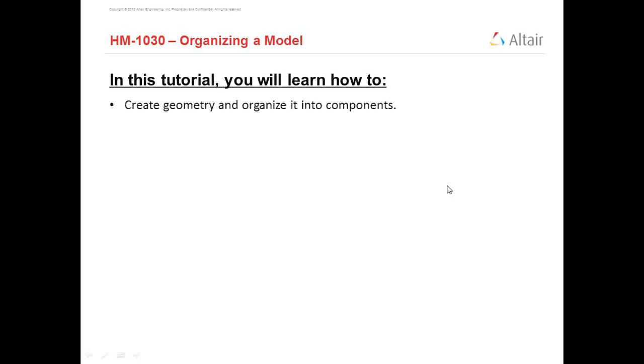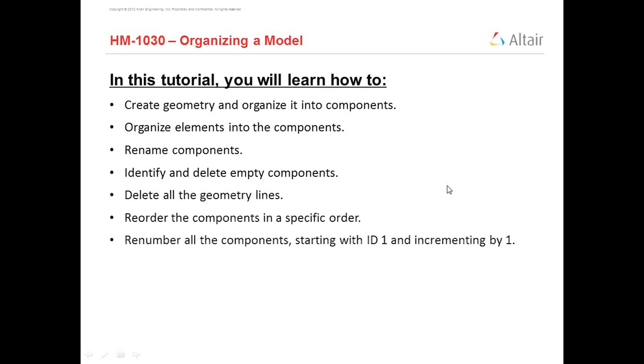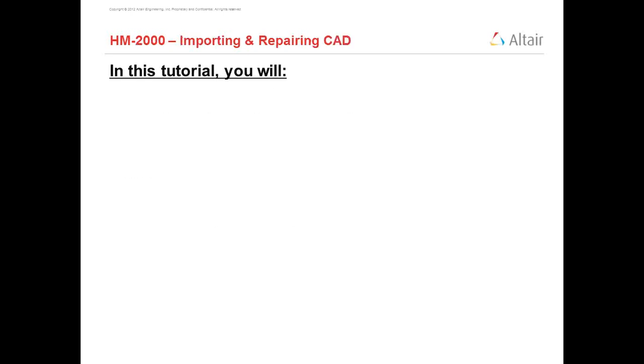In this tutorial we will see how to create geometry and organize elements into different components, rename some components, identify and delete the empty components, delete the geometry lines, reorder the components in a specific order, renumber all the components starting with ID number 1 and incrementing it by 1, create an assembly, and organize the constraints.